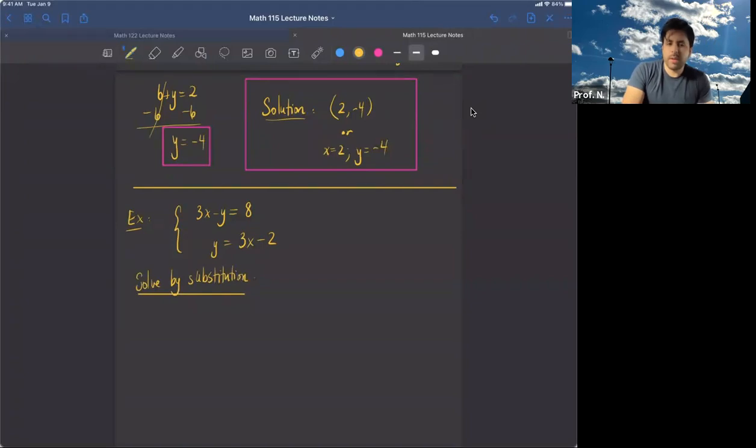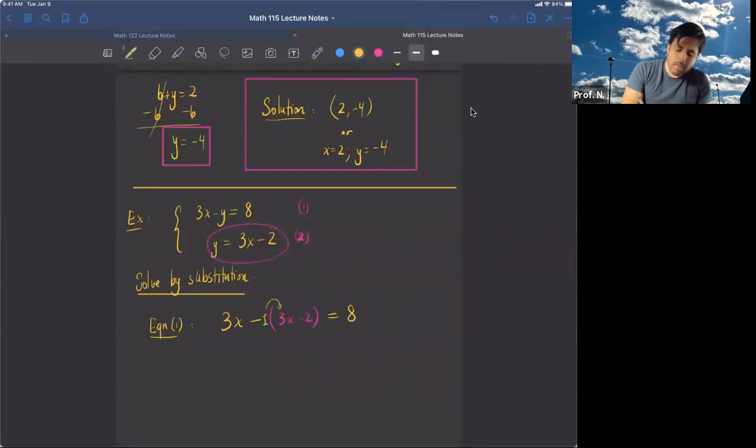Well, y in the second equation is already solved for. It's already by itself, already isolated. So I'm going to use equation 2 in equation 1. I'm not going to write the steps anymore because we already wrote that above. So I'm going to use equation 1, and I'm going to say 3x minus, now this will be parentheses 3x minus 2, and this equals 8.